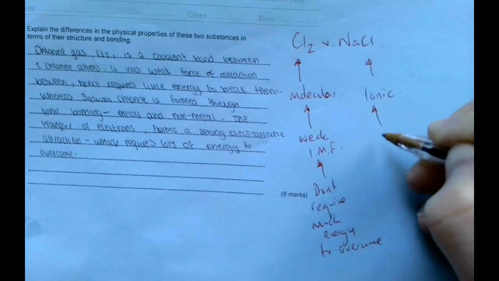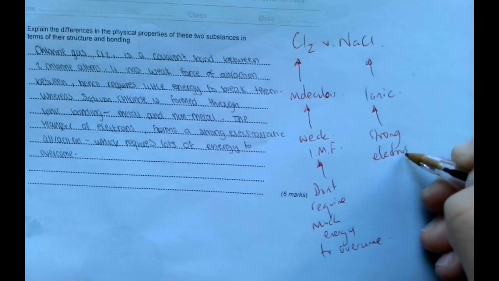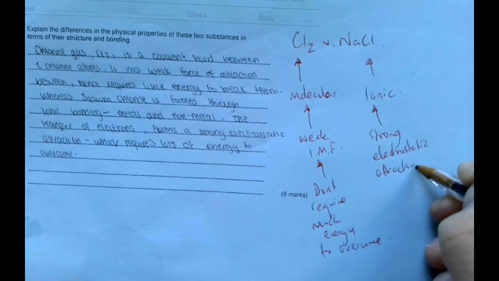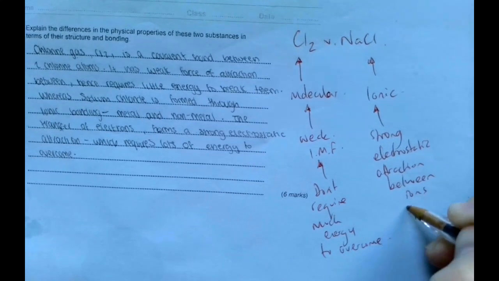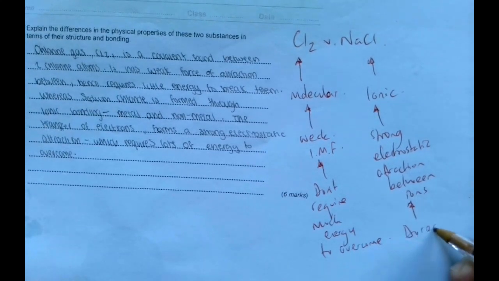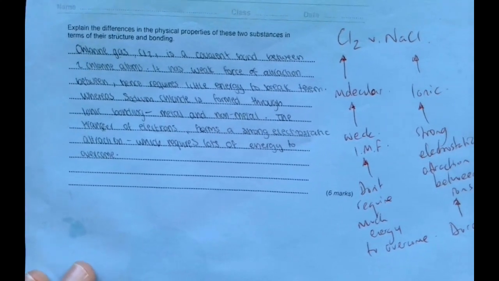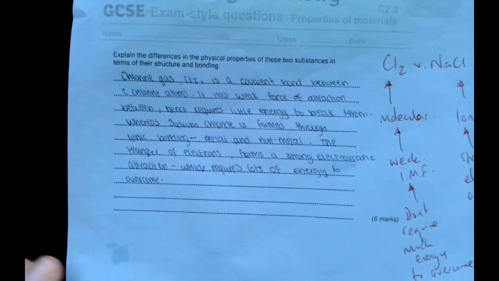And ionic, we've got strong electrostatic attraction between ions, which do require a lot of energy to overcome. And getting all that information down would get you the 6 marks.